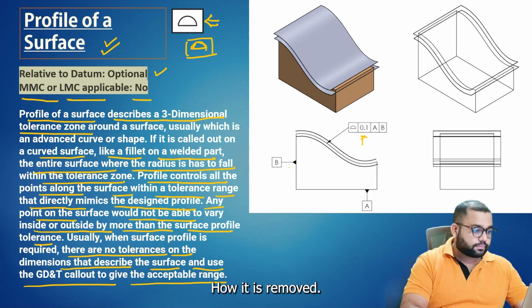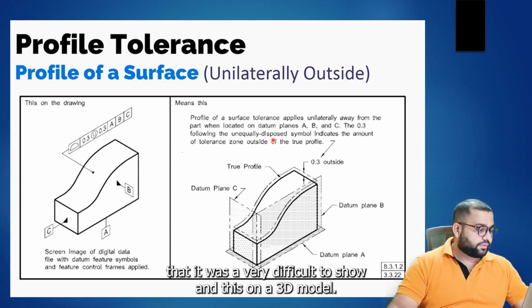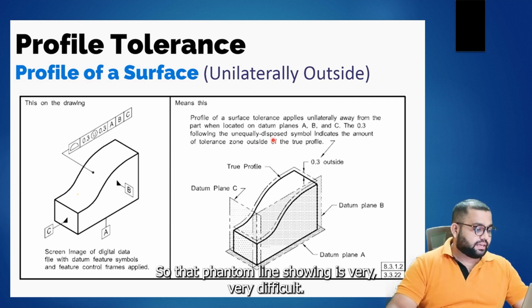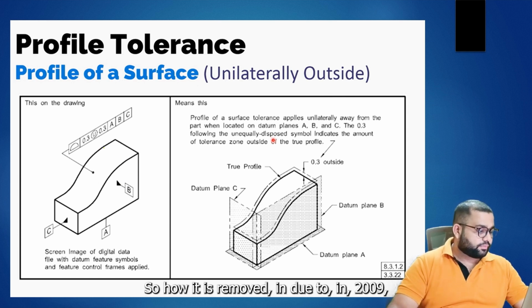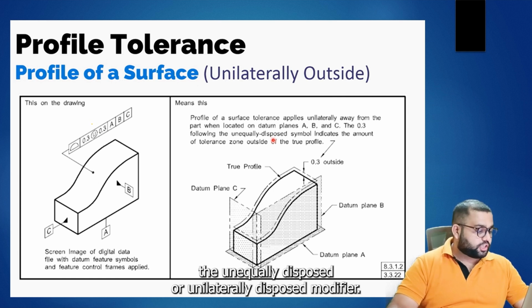How was it removed? It was very difficult to show this on a 3D model. Showing that phantom line is very difficult. So in 2009, we came out with a new modifier, which is called the unequally disposed or unilaterally disposed modifier.